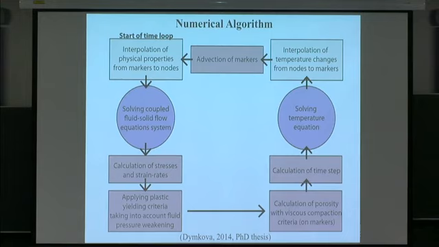So here is where we are taking into account the difference between total pressure and fluid pressure, calculation of porosity evolution, calculation of time step, solving the temperature equation if it's a thermomechanical problem, and then interpolation of properties and temperature to markers, and advection of markers. And this is the algorithm. Quite a simple one, and it's a slight modification of the thermomechanical algorithms typically used in single-phase flow codes.